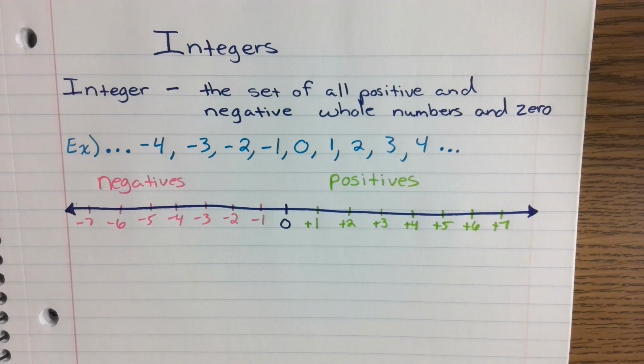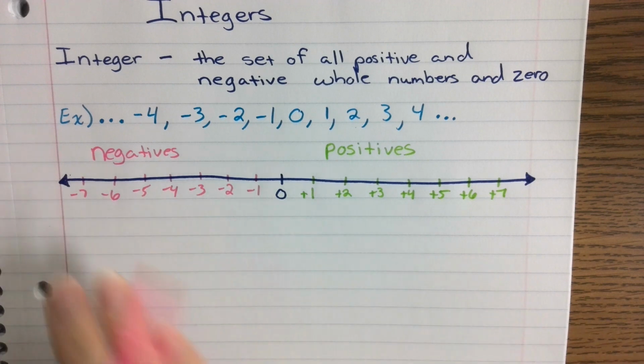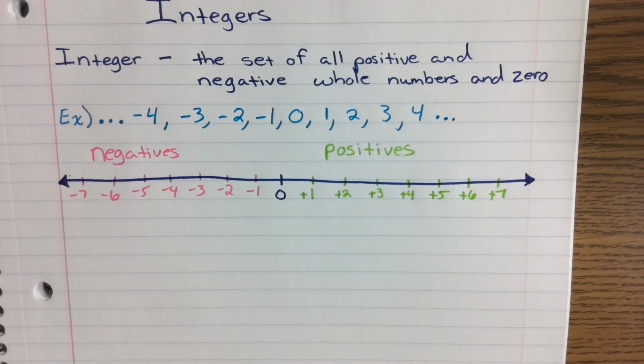Having a number line set up is helpful when you have to worry about ordering numbers from least to greatest. You guys have been ordering numbers since kindergarten, first grade. And you've been dealing with positive numbers since kindergarten or first grade. Negative numbers were introduced to you last year. But when ordering negative numbers, it's the direct opposite to what you would do for positive numbers.